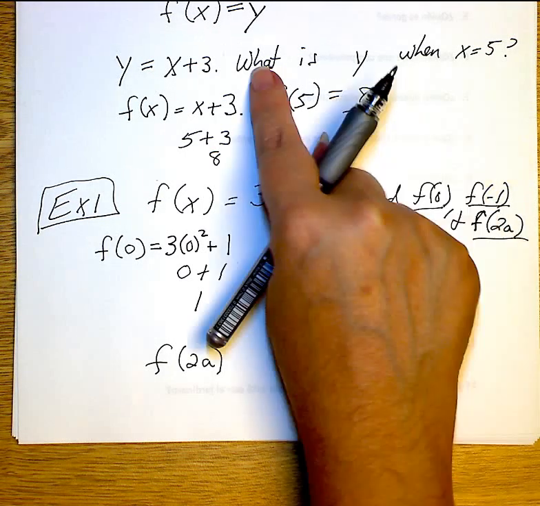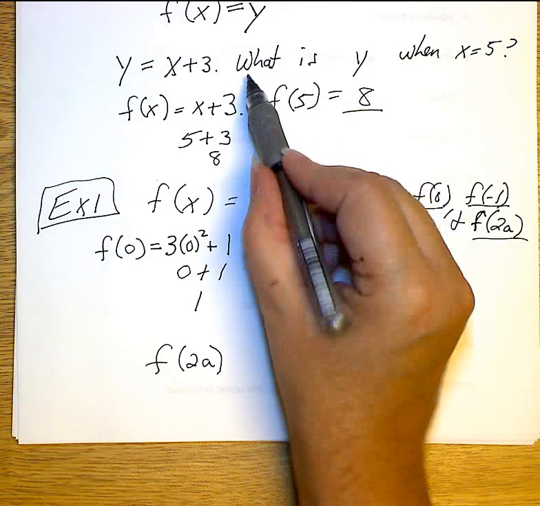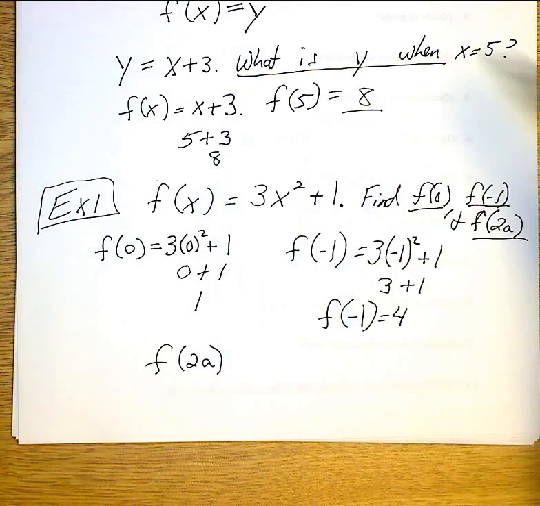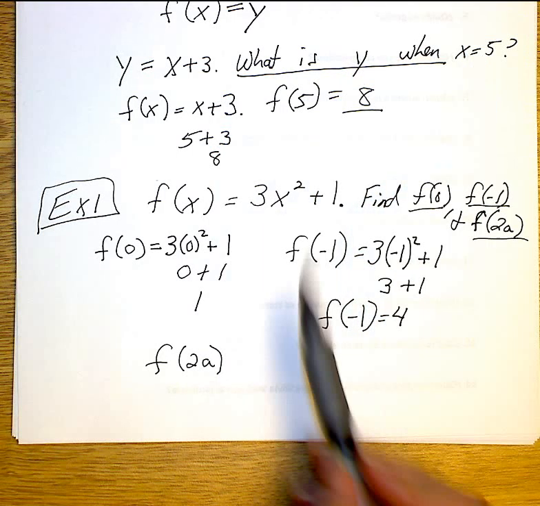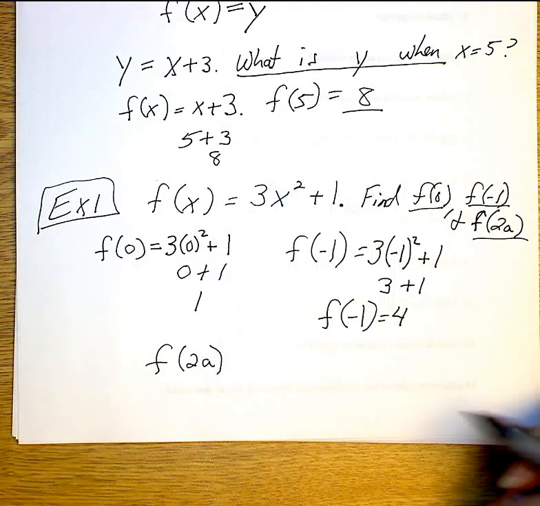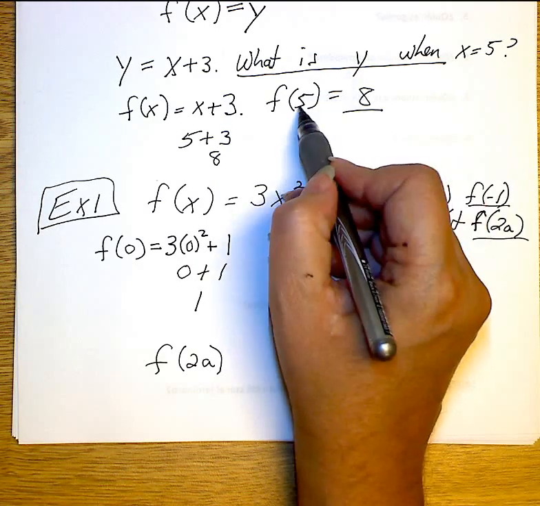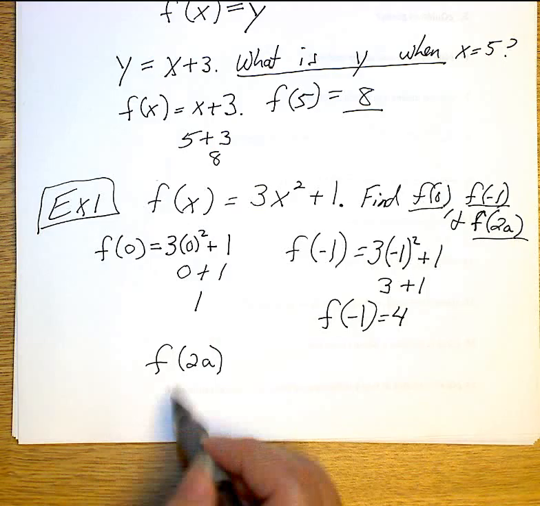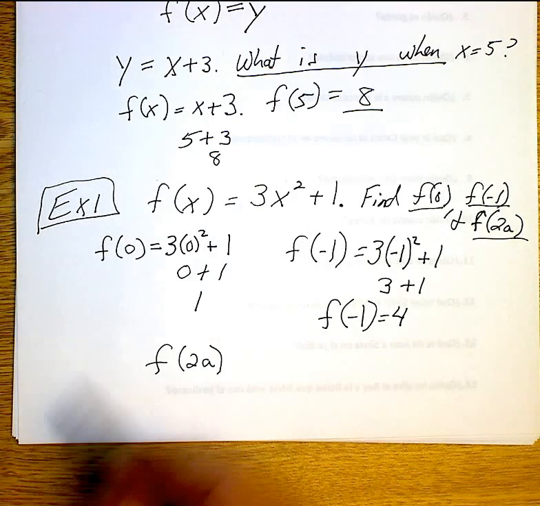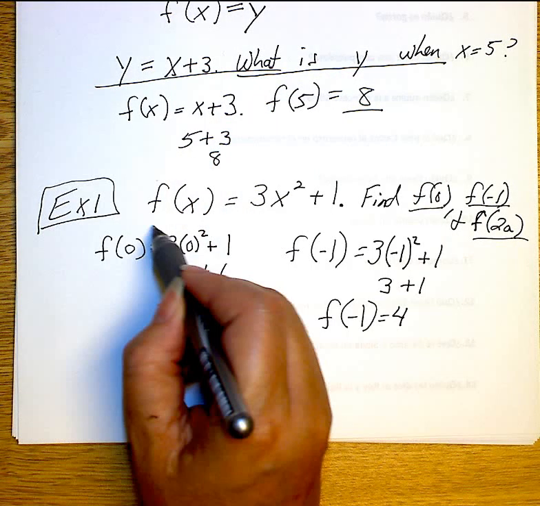It's taking out the words. So instead of saying what is y when x is 5, they just have to write f of 5. So it's just saying plug in 5 for your x value.